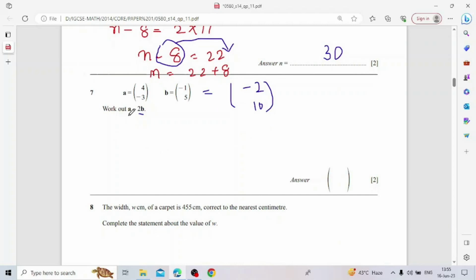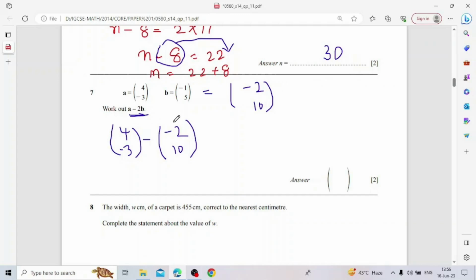Now, I have to put the matrix values in this format. So A, 4 and -3, and minus -2 and 10. Fine. Now they are positionally added or subtracted, multiplied, or divided.